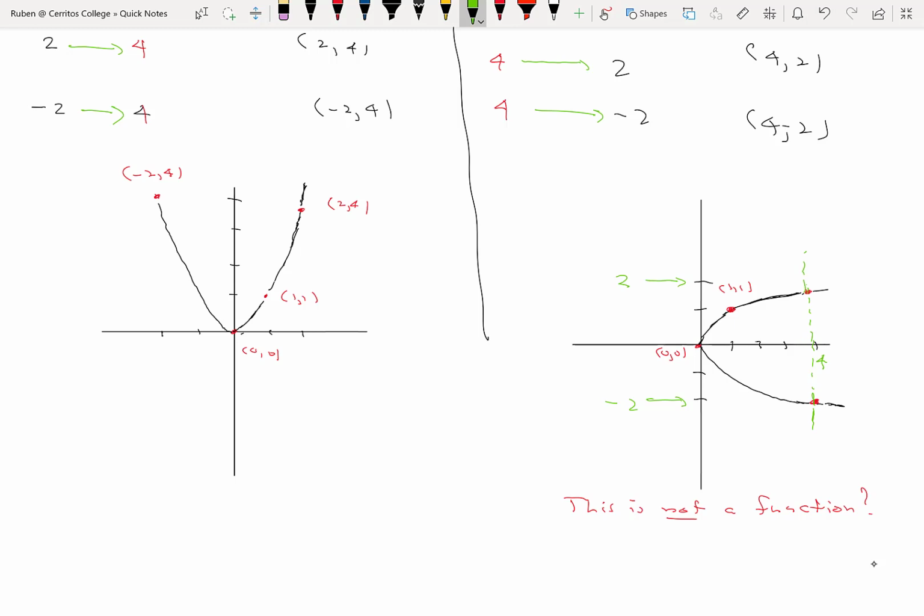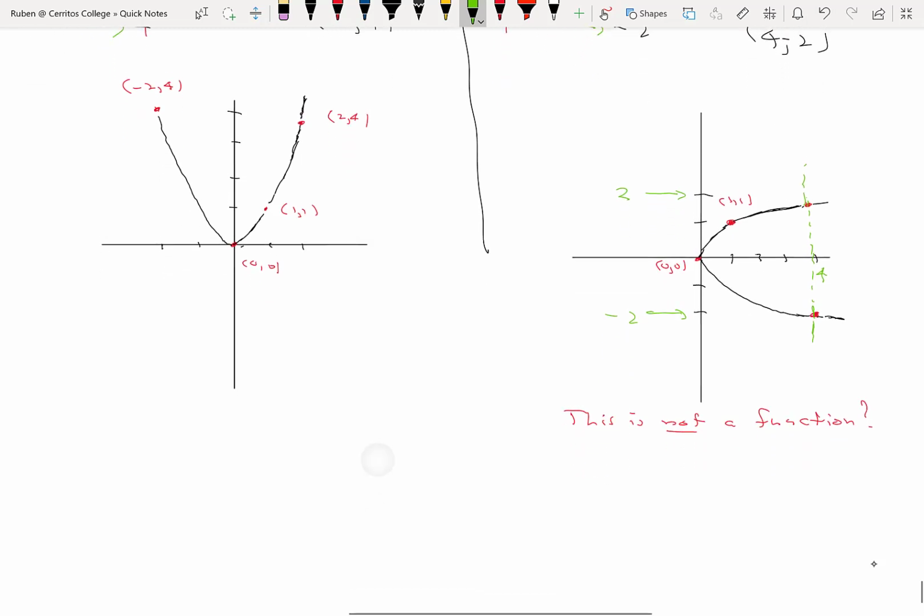And objects, when you've dropped them from a cliff or an airplane or whatever, only hit the ground at one time. Okay, so that's a problem. The inverse of the squaring function would not be a function, and therefore we don't have an inverse for it. So here's the solution, though, to this problem.